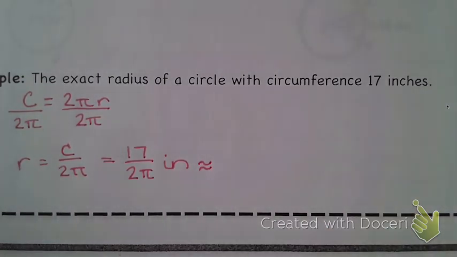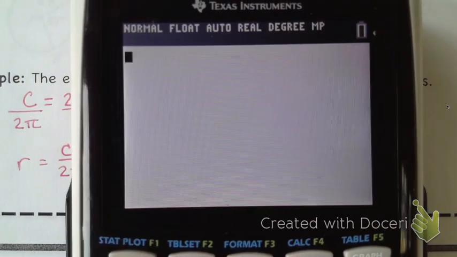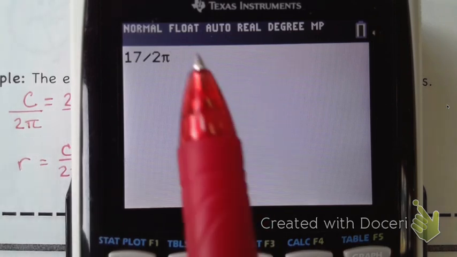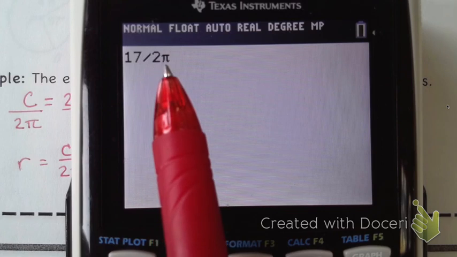If I put 17 divided by 2 pi in my calculator, my calculator knows order of operations, so does yours. So order of operations says multiplication, division, left to right, correct? So left to right says 17 divided by 2, then multiplied by pi.